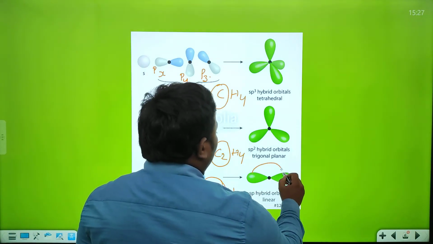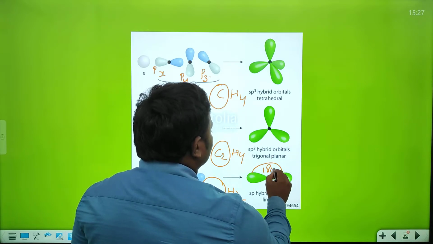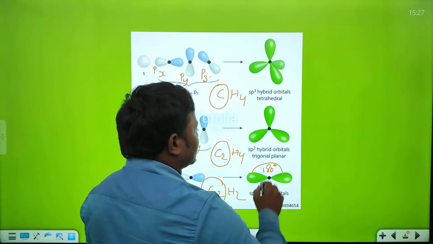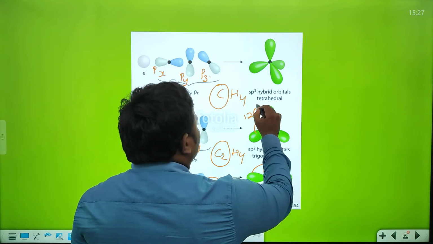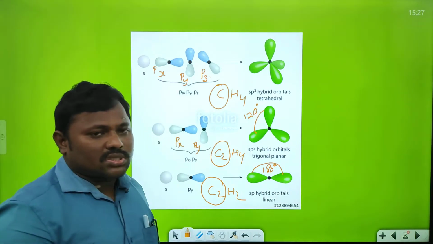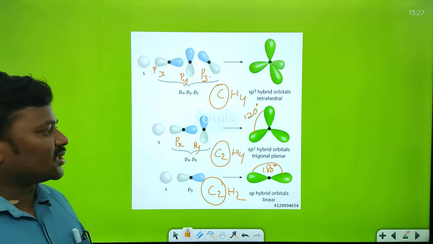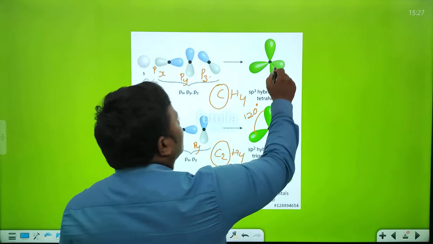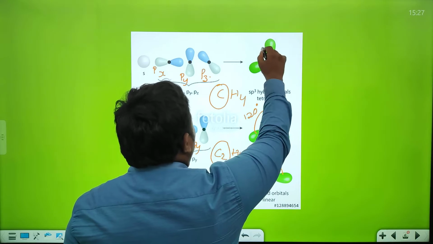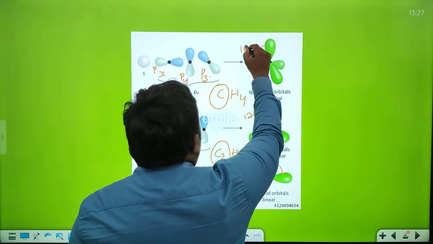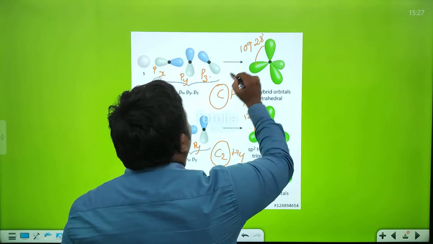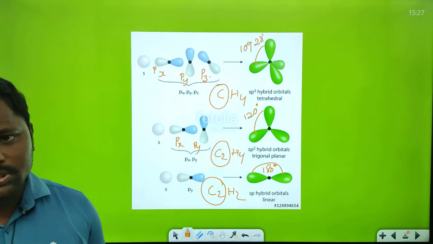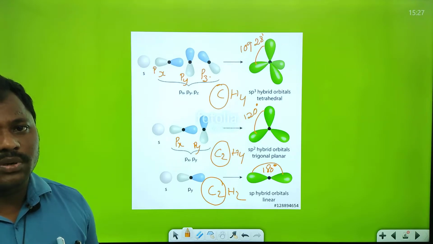Previously we saw a 180 degree bond angle, a linear structure, and then a 120 degree bond angle. Then sp3 gives a three-dimensional pyramidal structure with a bond angle of 109 degrees 28 minutes.